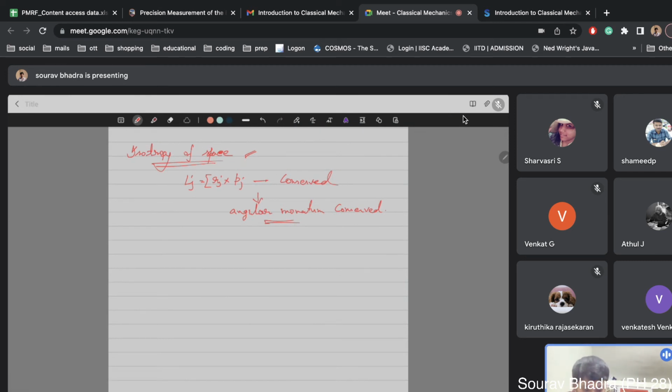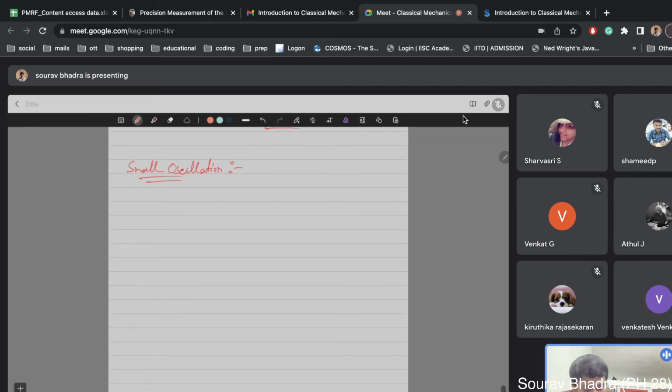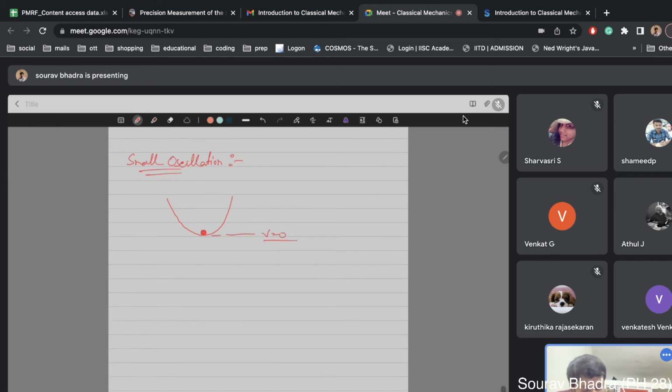But now another thing, the small oscillation, very briefly I will tell. Small oscillation details will be in the next class. So what is meant by small oscillation? Suppose you have a potential which acts like this, and you have a particle at the base of the potential, let's say it is V0.